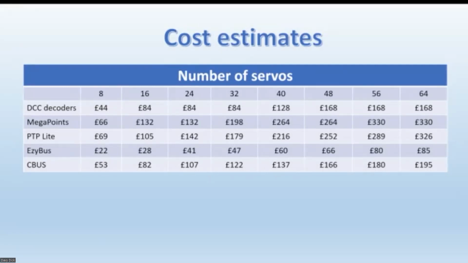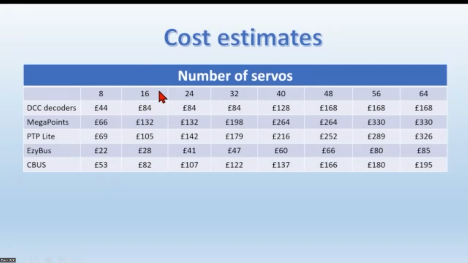So if you've got a servo-based layout with only 8 servos, a very small layout, then DCC decoders would typically be 40-odd quid. The Megapoints system for that would be 66. The Peer-to-Peer Lite setup would be 69. The EasyBus setup would be 22, and the CBUS would be 53.